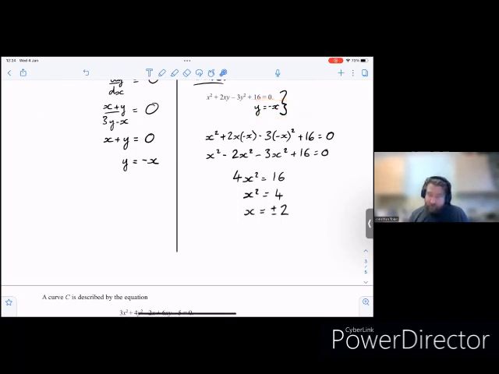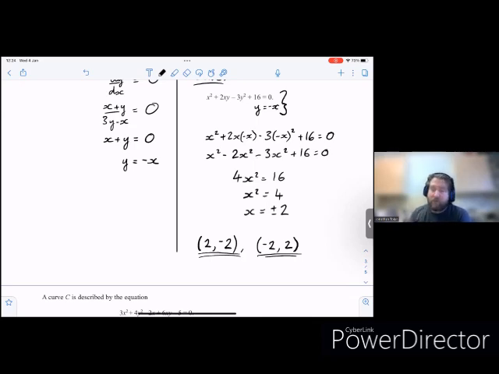Both of these points are on the line y equals minus x. So when x is 2, y equals minus x, so y will be minus 2. And when x is minus 2, y will be 2. So those are the 2 points which are stationary on the original curve.